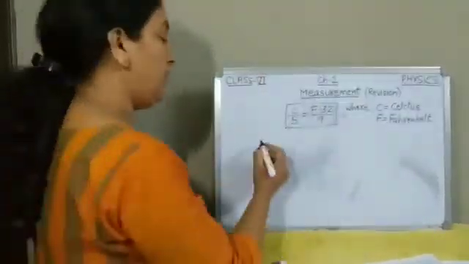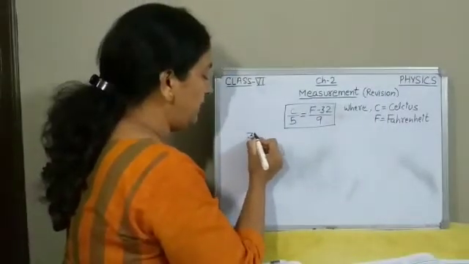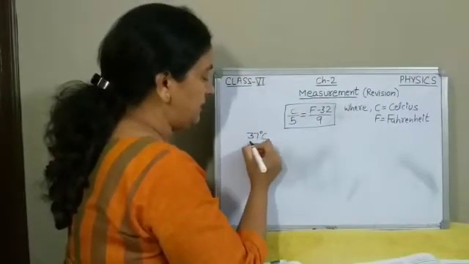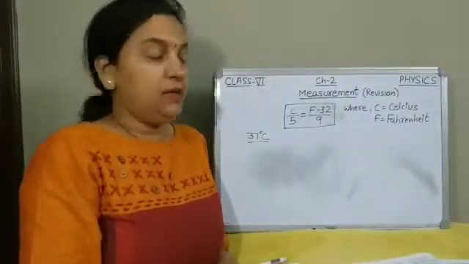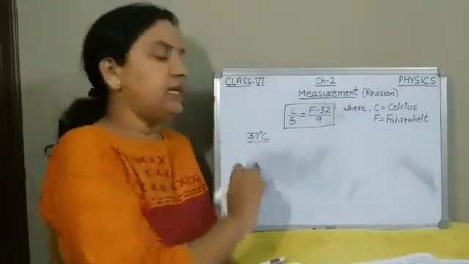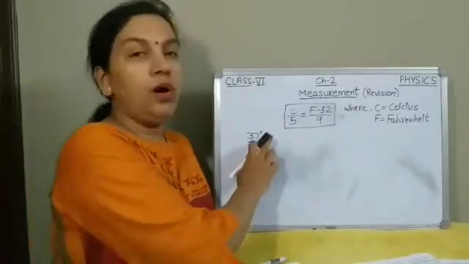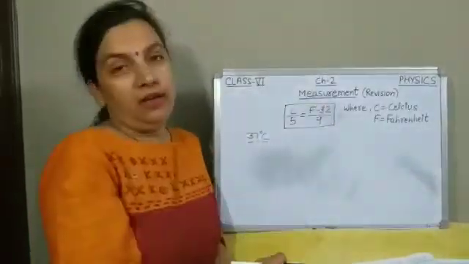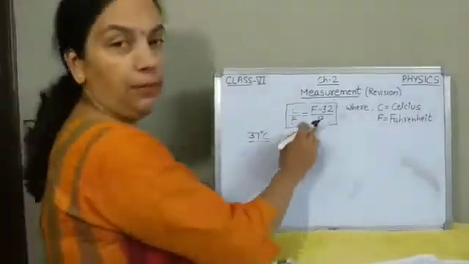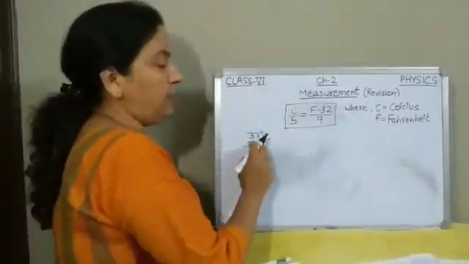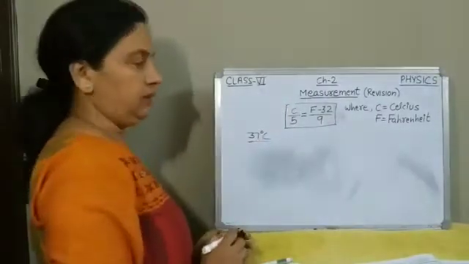For example, if you have any value in degree Celsius, you can convert it into Fahrenheit. Say we have 37 degree Celsius, the normal temperature of human body in Celsius scale, and we have to convert it into the Fahrenheit scale. We will put this value in the formula.